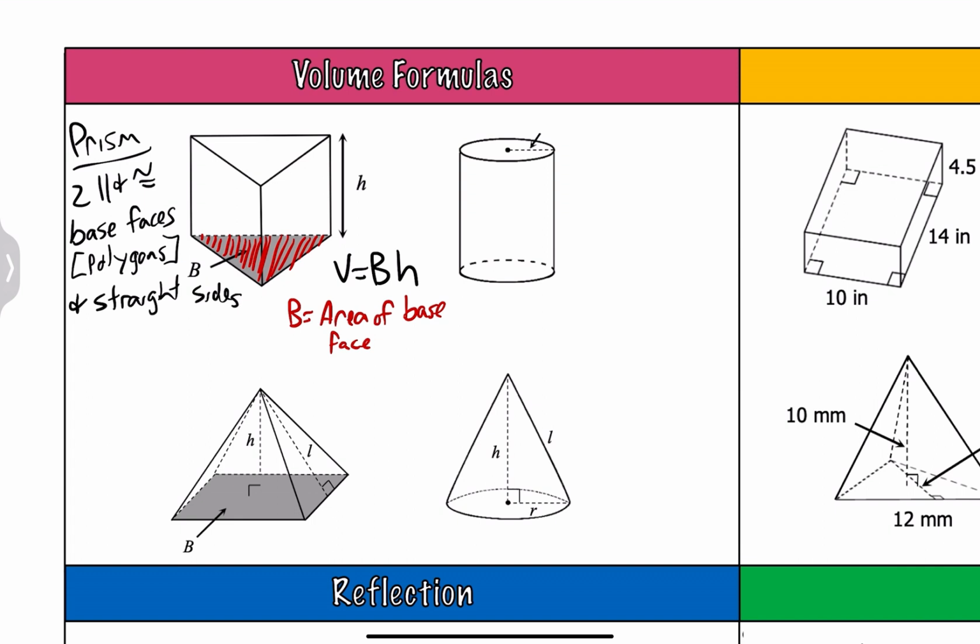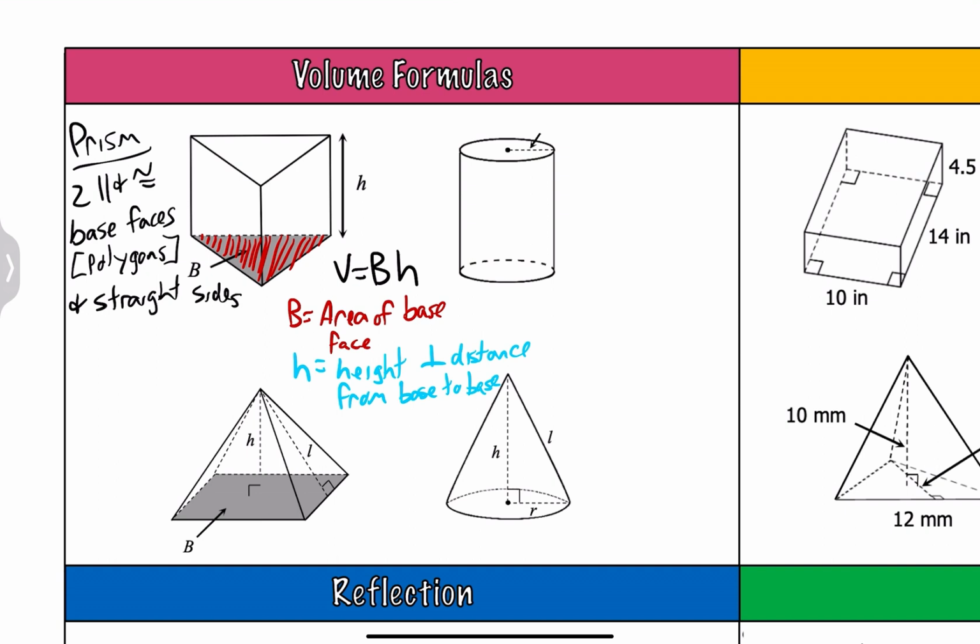And the other h, and yes, I know they use the same letter h, lowercase, for this height as well. Still going to be height, but it is the perpendicular distance from base to base.